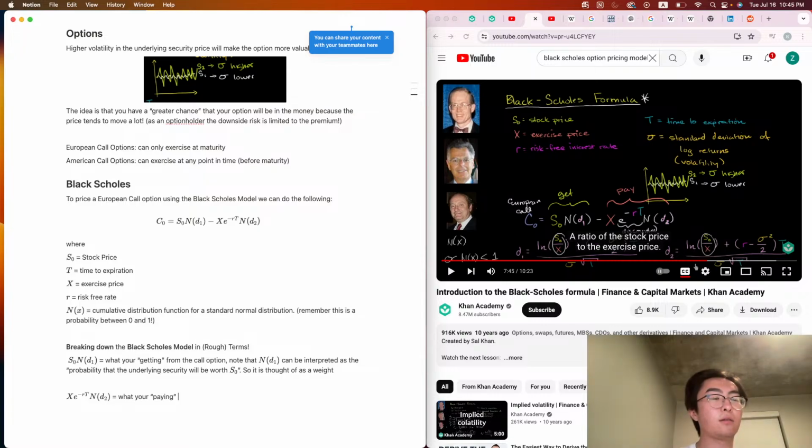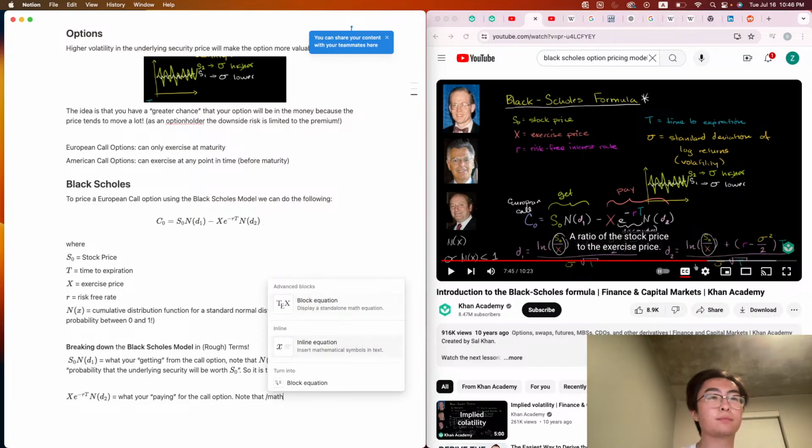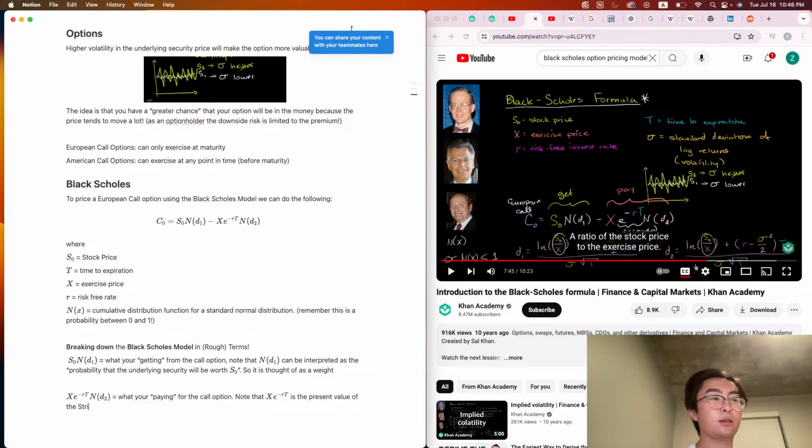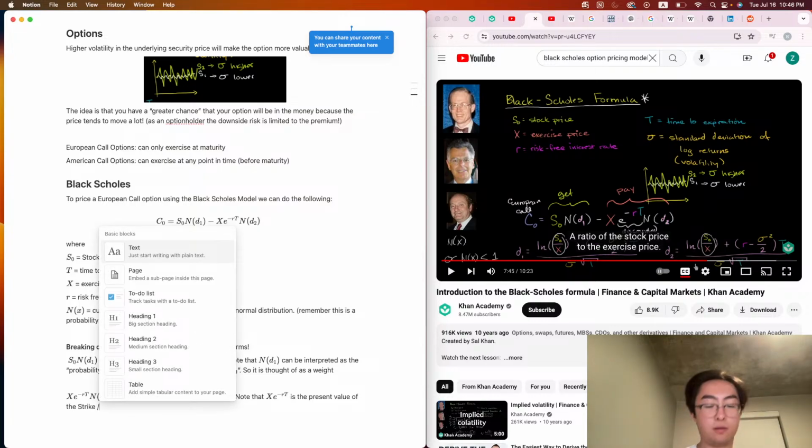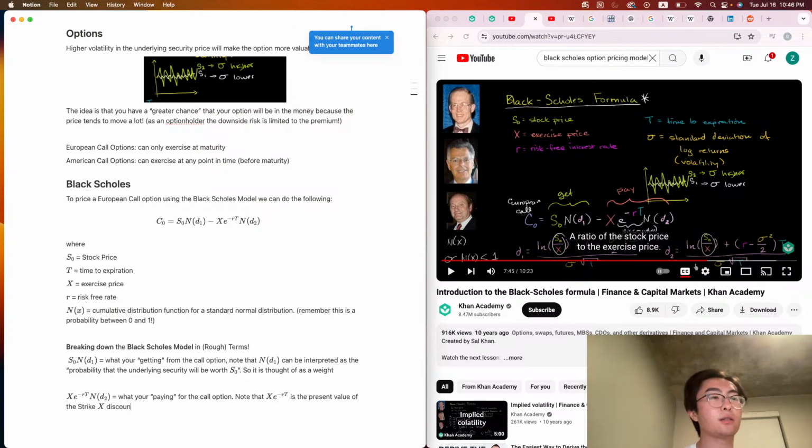What you're paying for the call option is the present value of the strike, X, discounted by the continuously compounded discount factor.